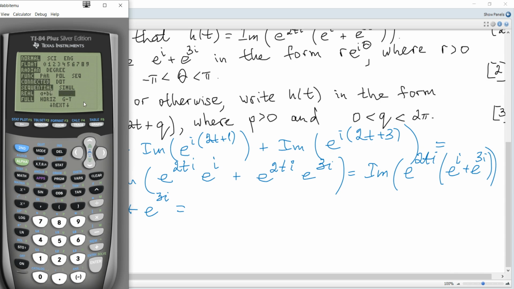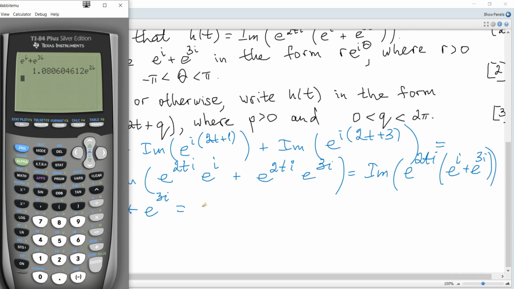complex numbers in Euler's or exponential form, and just type e to the power of i plus e to the power of 3i, and we get the answer also in Euler's form.